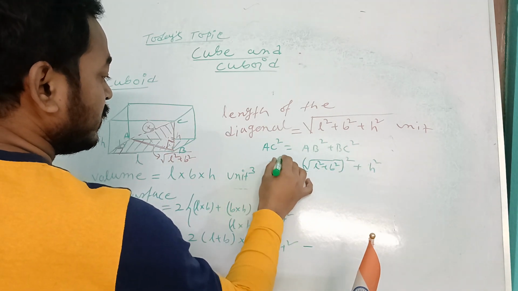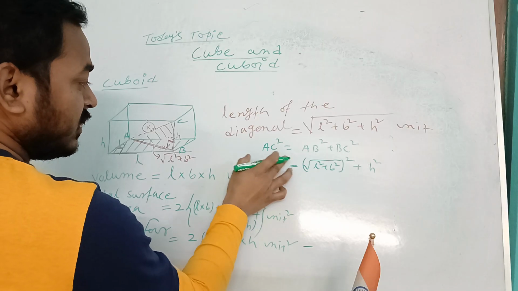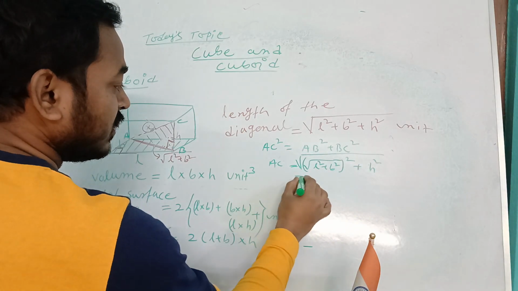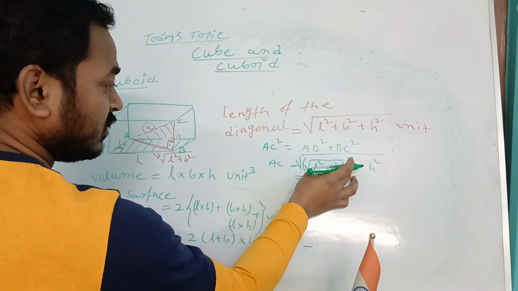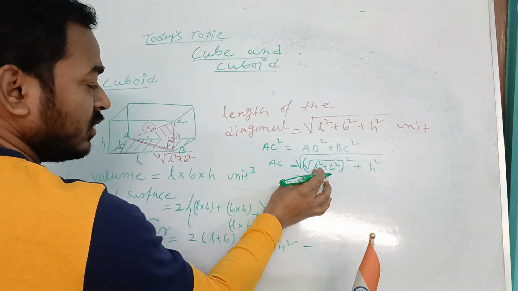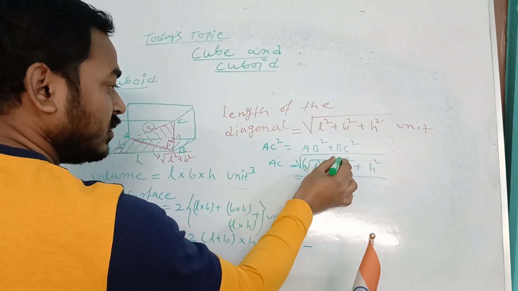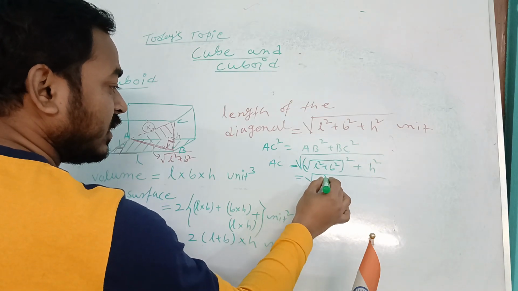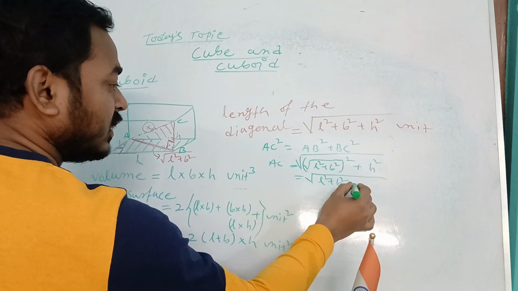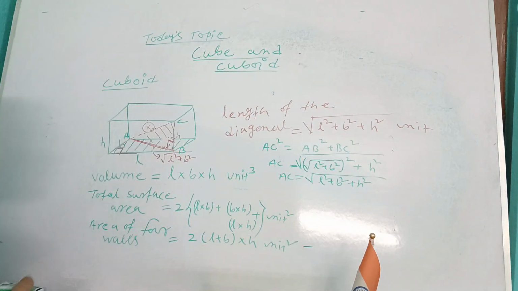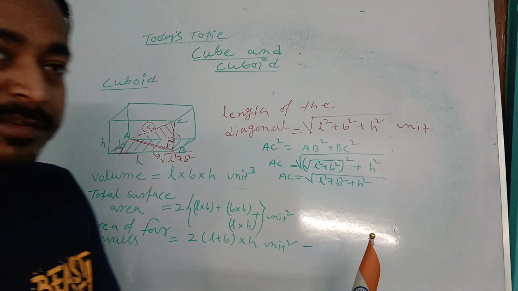So it is AC square. What is AC? It is under root of this. If I remove the square and the under root, we get L square plus B square plus H square. We are getting AC this much. Is it clear?